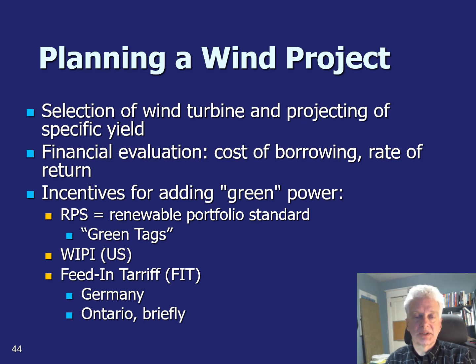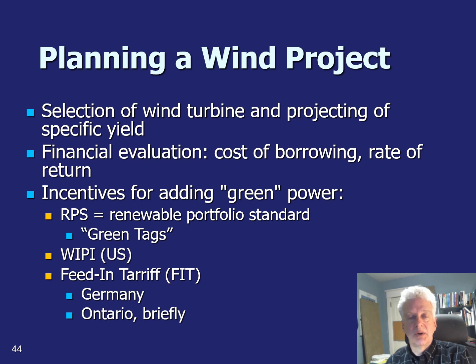There was a tax incentive that the US has had on and off over maybe a decade or more, that the Congress brought in and then let expire and brought back again, called the Wind Industry Production Incentive. It's based on tax credits, so you basically have to have some tax payable in order to make any use of it. So there's a complicated process of pairing up people who are making enough money to pay taxes with people who are generating from the wind.